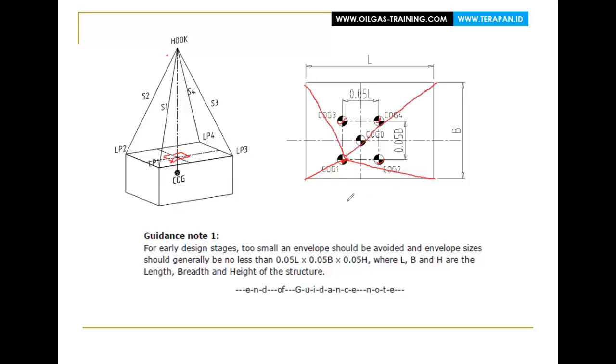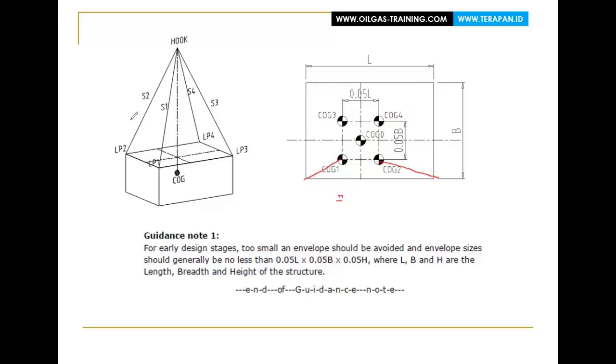And later you count all the sling loads. Then also in COG2, the sling load will be in this position. Then you will also calculate the sling load when the COG is here, at COG3. Then in COG4, there is also a calculation of the sling tension condition.